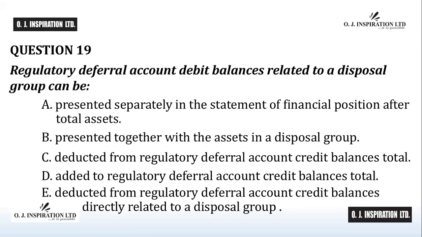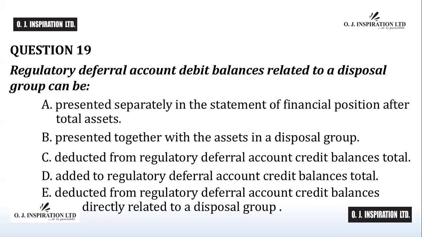Question number 19. The answer to question number 19 is A, presented separately in the statement of financial position after total assets. Regulatory deferred account debit balances related to a disposal group can be presented separately in the statement of financial position after total assets.